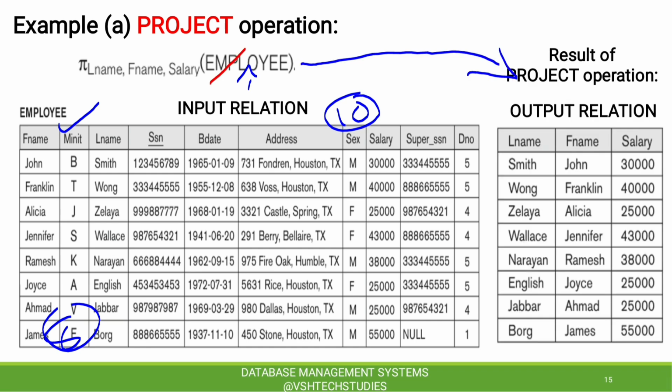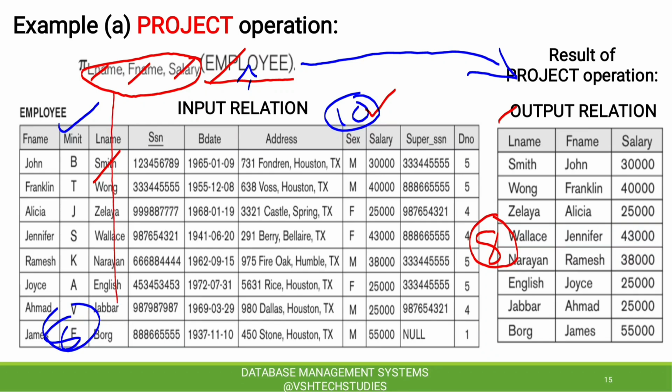According to this project operation, the output relation has all the 8 rows of the input relation, but although the input relation has 10 columns, only the 3 columns specified in the project operation, that is the L name column, F name column and salary column, will be outputted. So select operation selects rows, project operation selects columns.